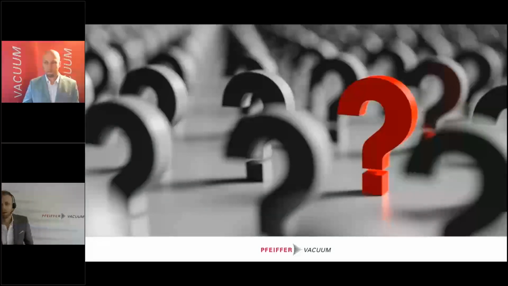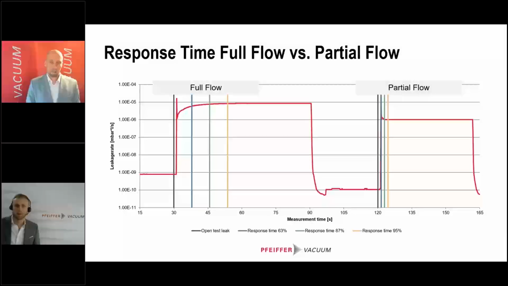Okay, thanks, Philip. And there's also another question. Why is the response time of the partial flow method so much lower than the response time of the full flow method? I think the question is referring to this slide again, to this one here. Yes, so the response time is calculated as the volume divided by the effective suction speed.